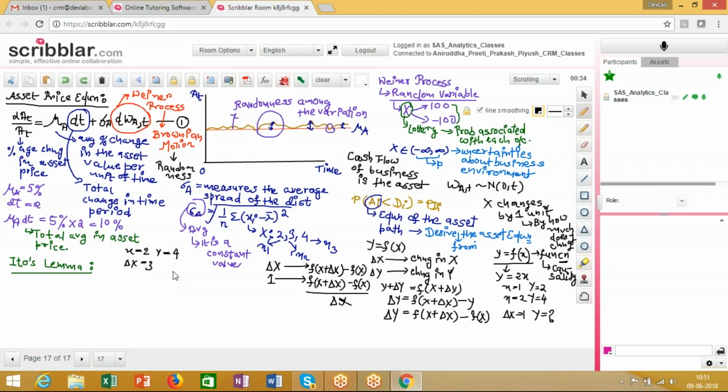Let's do it like this. So then what is the change in y? First of all, to find the change in y, we need to identify the final value of y.